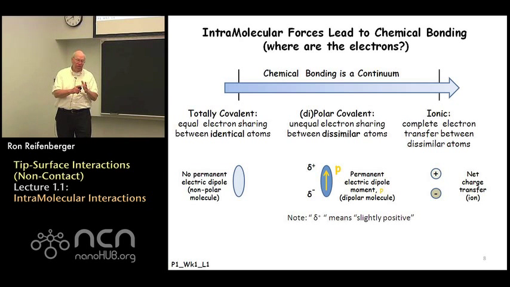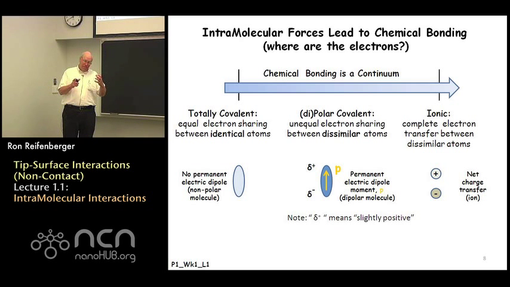It spans a wide range that goes from a totally covalent bond in which electrons are equally shared between two atoms, or more atoms in a molecule, to the case of an ionic bond where an electron is literally transferred from one atom to the other. In between, there's a whole range of bonding that can occur. I like to refer to it as a dipolar covalent bond. It just means that there's unequal electron sharing between the atoms in a molecule.